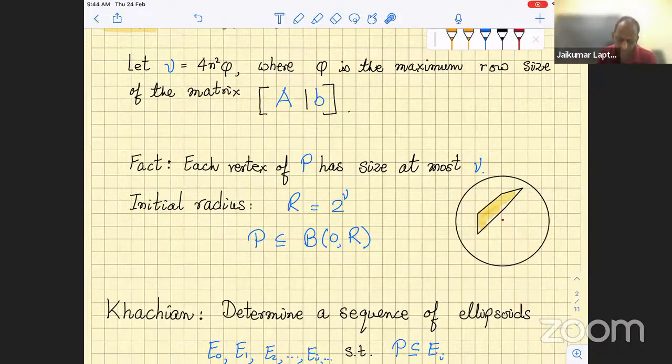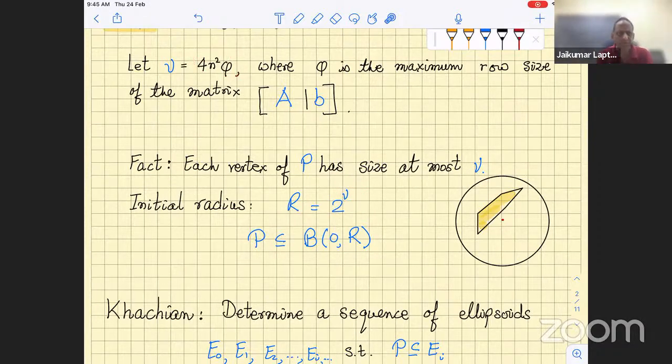So the radius is itself a big number, but if you look at its binary representation, it will be nu bits, which is polynomial.